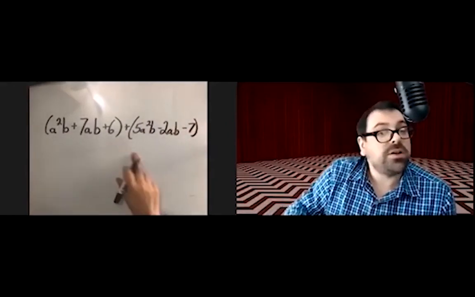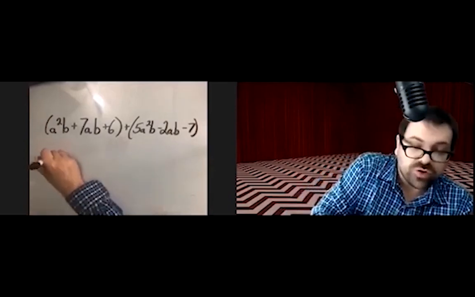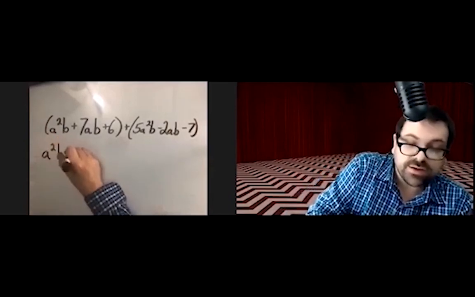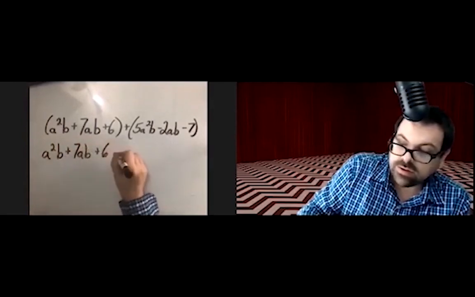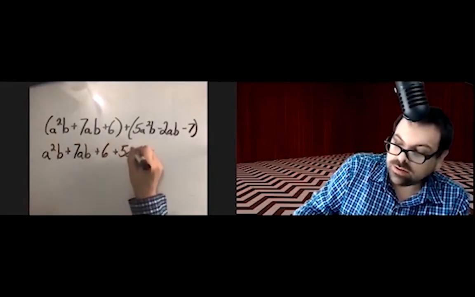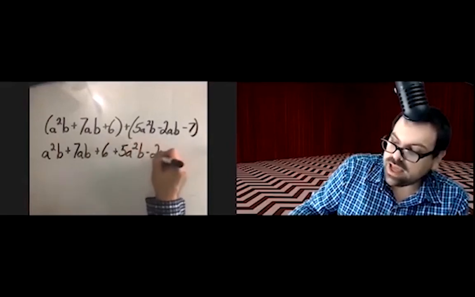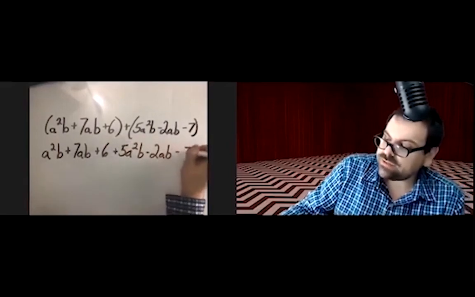Again, we're adding 2 polynomials. Special rule is drop the parentheses. And then we're just going to combine like terms.